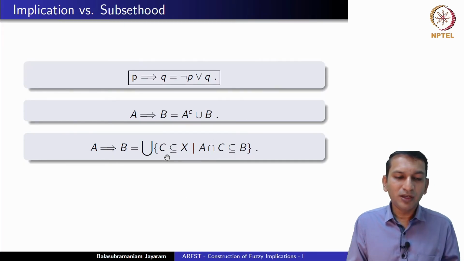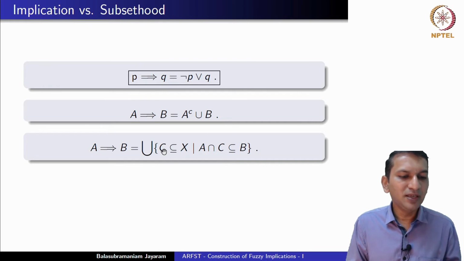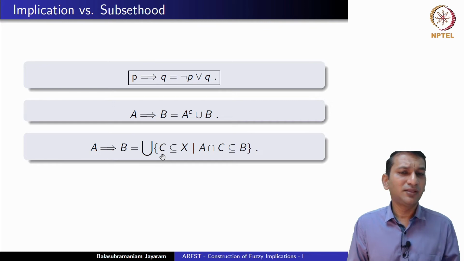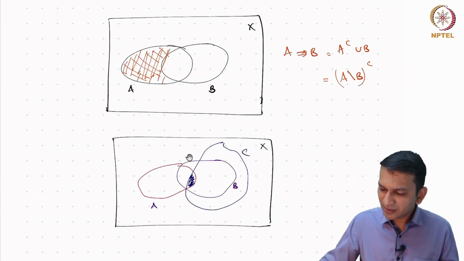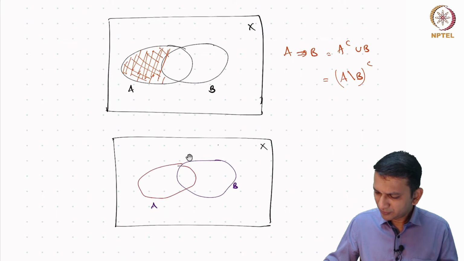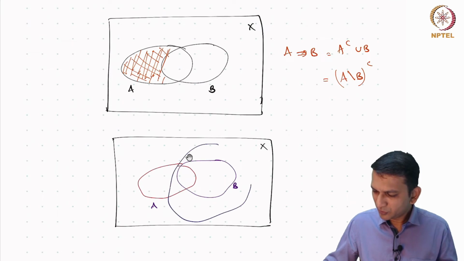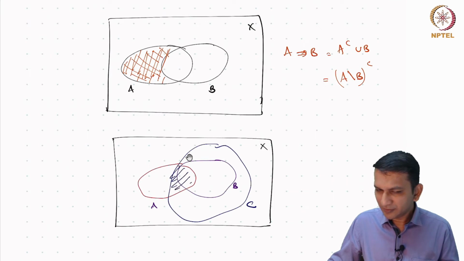Now, we want not just some C, but we want the union of all of them. So essentially we are asking for the largest such C. Do we have any other C like this? Yes, let's look at this. So this is another C. Now A intersection C will be this.